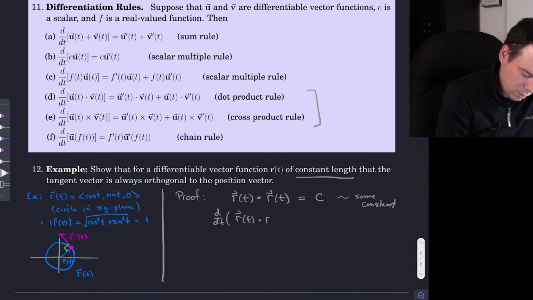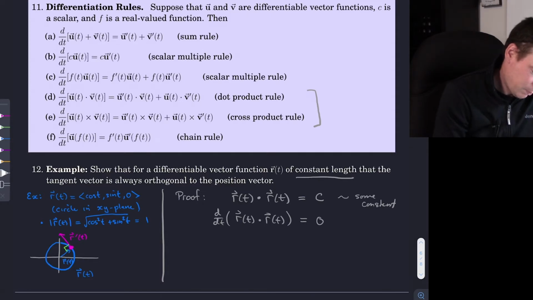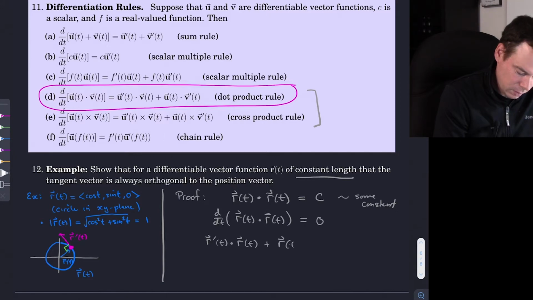And how do we differentiate a dot product? Well, that would be equal to the derivative of the right-hand side. The derivative of a constant is 0. So we've got that the derivative of this dot product is 0. How do we differentiate a dot product? That's given by the dot product rule, which says that it's the derivative of the first, r prime of t, dot the second, r of t, plus the first, r of t, dotted with the derivative of the second, r prime of t, and that's equal to 0.